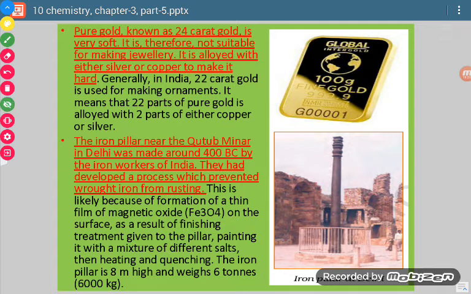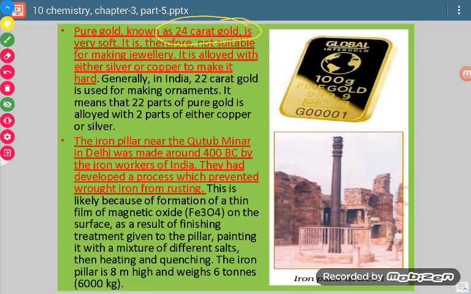Now, coming to the last, two things are left. One is, what do we mean by 24 karat gold? Now see, 24 karat gold means that it is 100% pure gold.